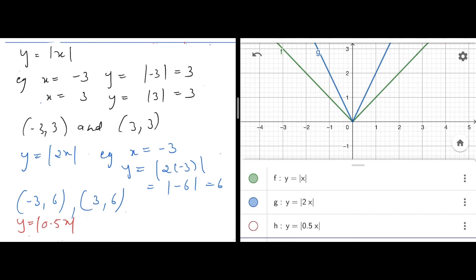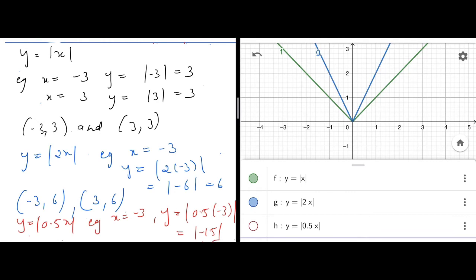Say for example, I am taking x is equal to again minus 3, then y will be equal to mod of 0.5 times minus 3, that will be half of minus 3, and that will be minus 1.5, which will be equal to 1.5.